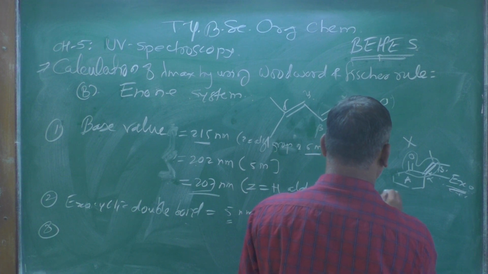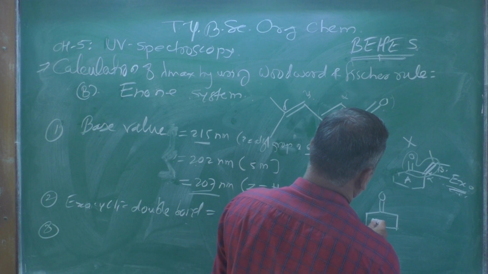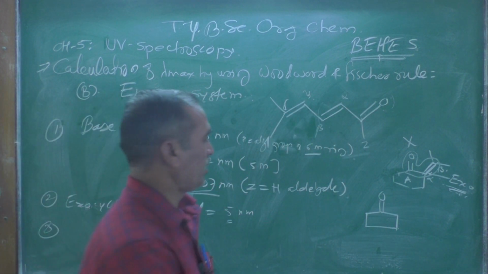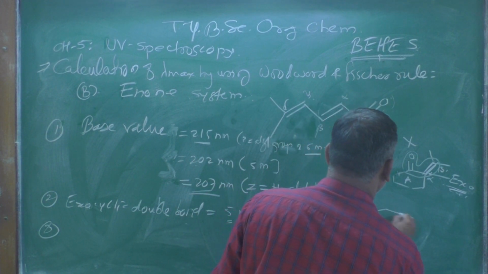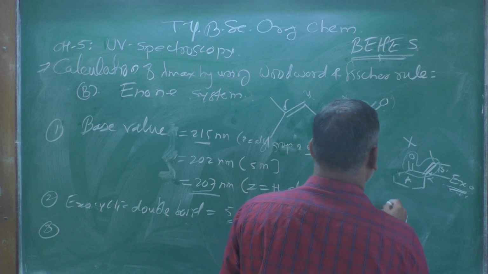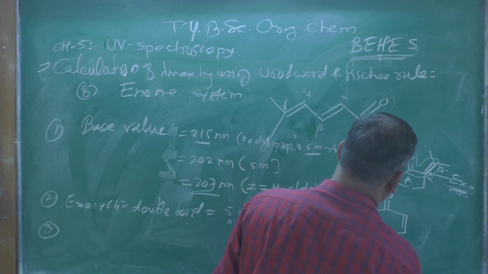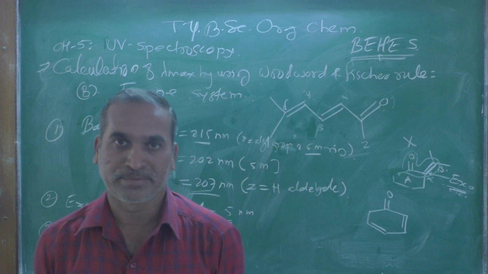Suppose we have this one, and let me clean this one and try. This is a compound with a double bond here, one double bond here, another double bond maybe here. So this is a compound.